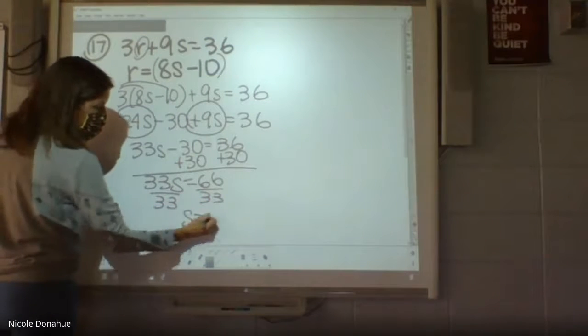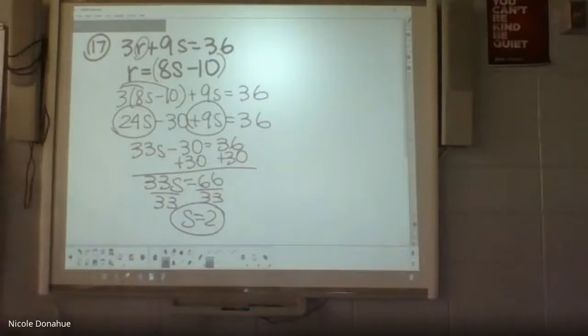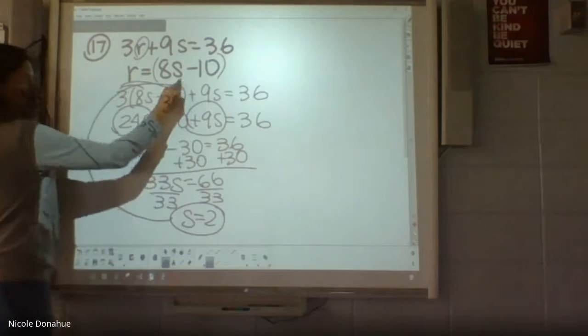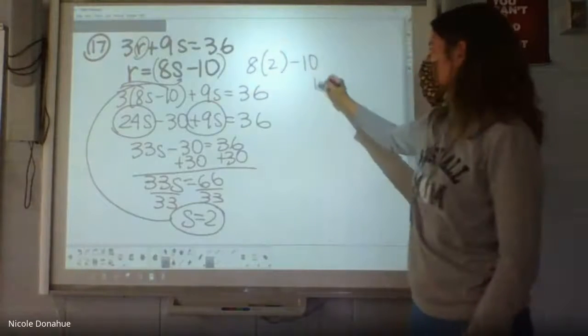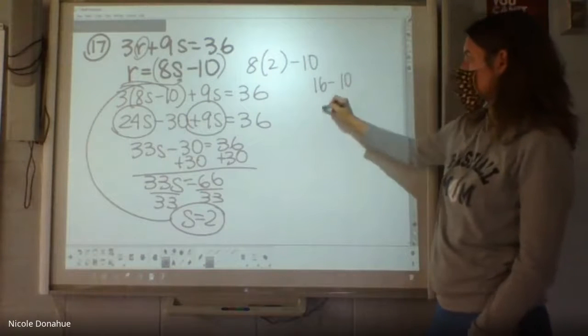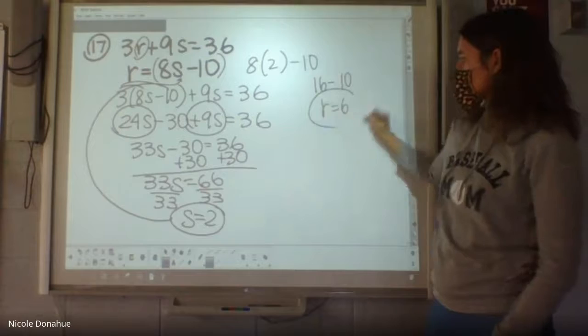So S ends up being 2. Once I know what S is, then I can substitute that back in to find my R. So 16 minus 10. So my R ends up being 6.